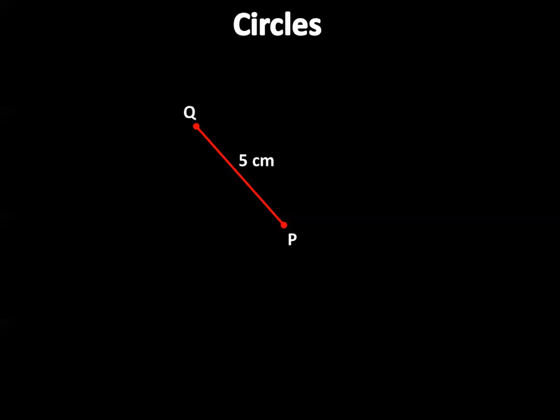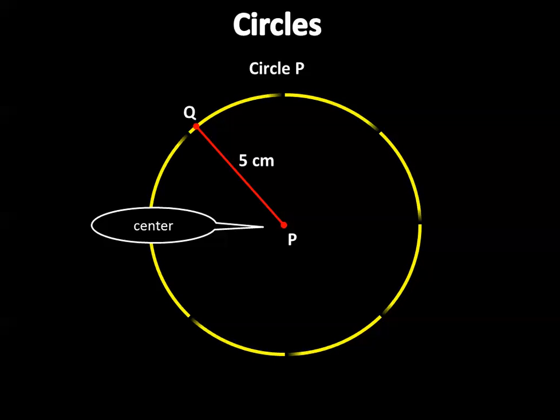Circles are named by their center point. So there's your fixed point, and there's your circle. This figure represents circle P. Note that P is not a part of circle P. Circle P is made up of all the points that are 5 centimeters from point P.